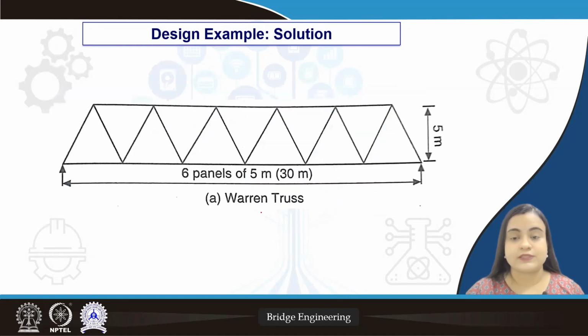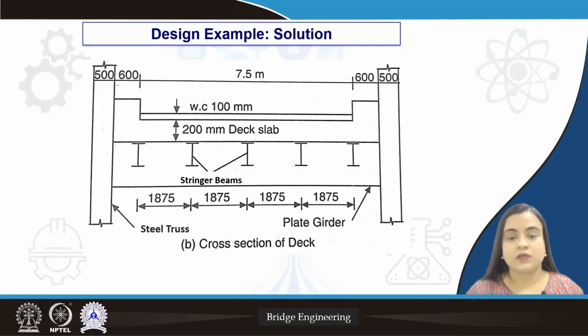The configuration of the Warren truss and the arrangement of cross girders and stringer beams can be shown through the diagram. We can see the configuration of the Warren truss consisting of 6 panels, each having a length of 5 meter. The Warren truss has a height of 5 meter. We can see the cross section of the deck showing the steel truss here, plate girder for cross girders and stringer beams as I sections, rolled steel sections.